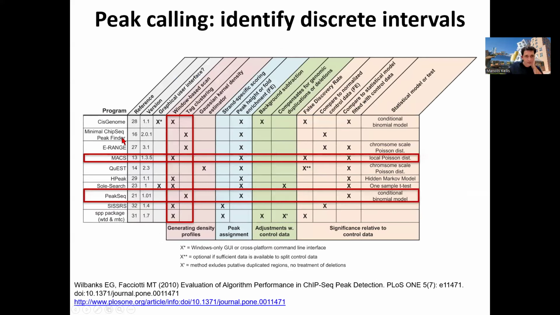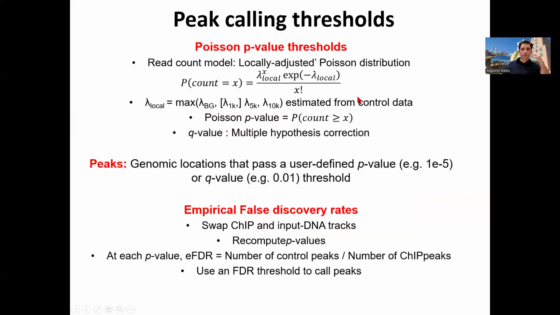So there's many, many different methods that have been developed to recognize that. For example, MACS and PeakSeq have different properties based on whether they're window-based, whether they cluster the tags, whether they subtract the background signal, whether they calculate a false discovery rate, whether they have some kind of normalized control, and so on and so forth, okay?